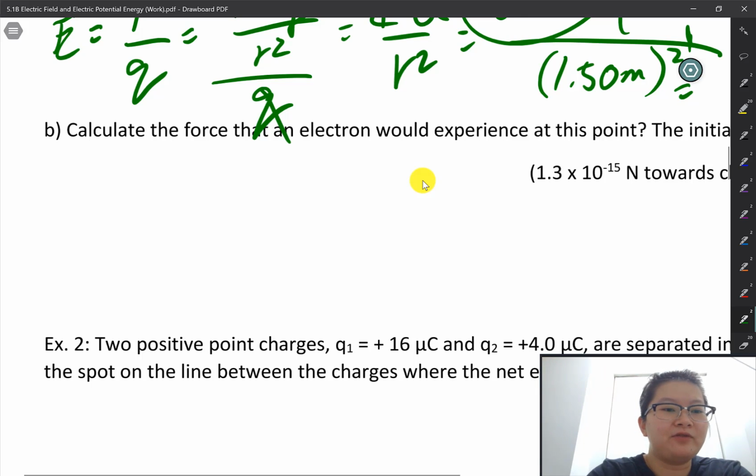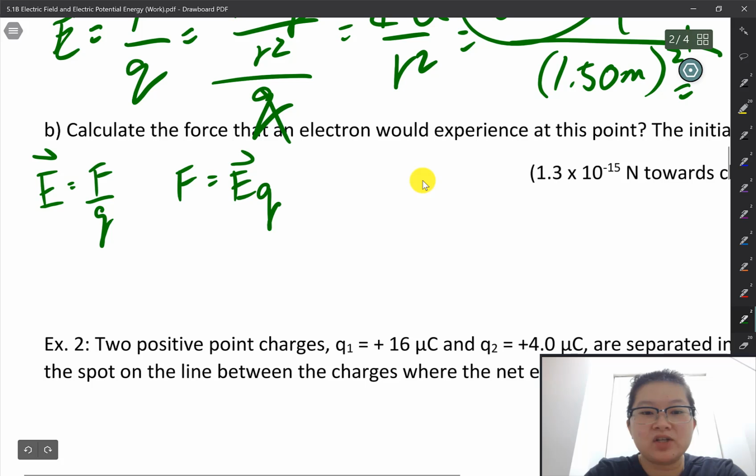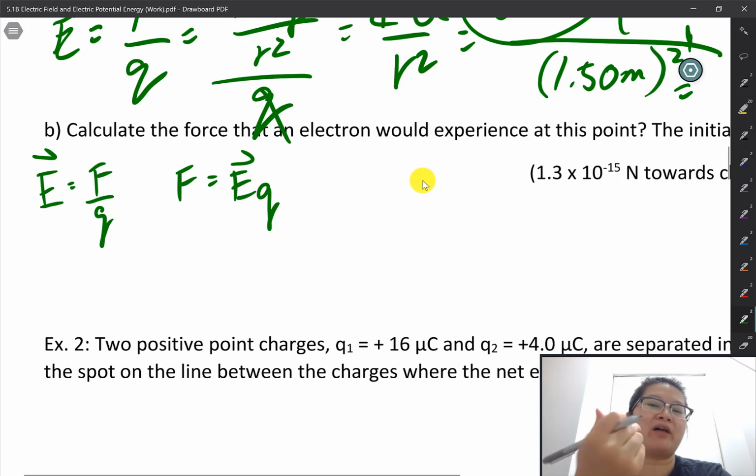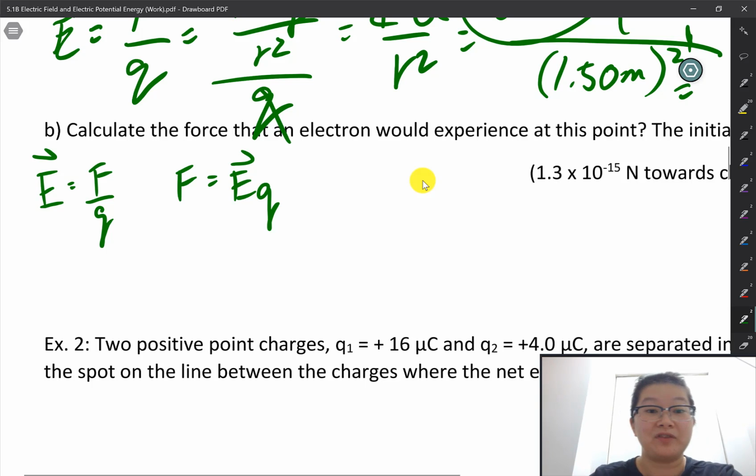Since the electric field is, by definition, the amount of force experienced per unit of charge, then the force acting on the charge would be whatever the electric field is at that point multiplied by the charge itself. Meaning that the greater the charge, the more force it will experience at any single point in the electric field.